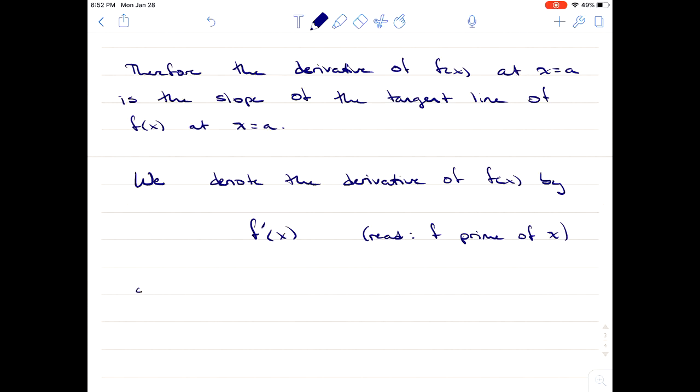What you'll see is we'll actually be taking derivatives of a profit function. Okay? And so, or we could say the profit prime of x, right? That's going to be the derivative of the profit function.